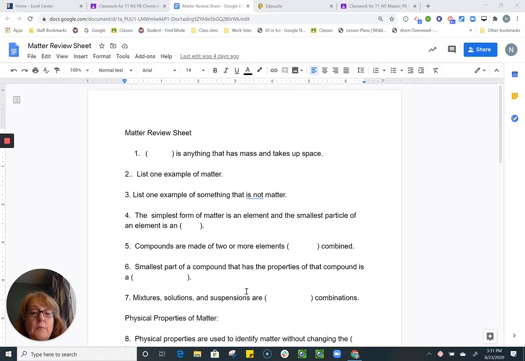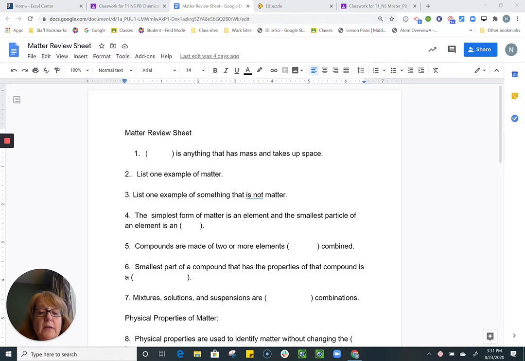An example of a compound would be water, which is H2O. That formula means there are two atoms of hydrogen and one atom of oxygen chemically combined. Basically, they share electrons and it holds them together into a small compound or molecule, which is water.